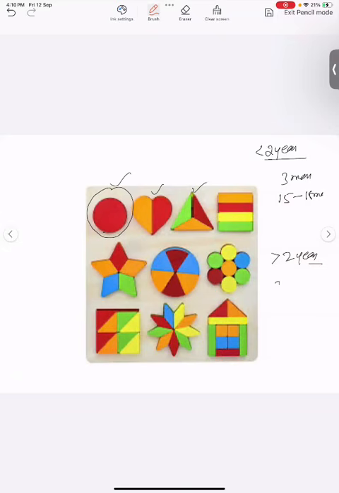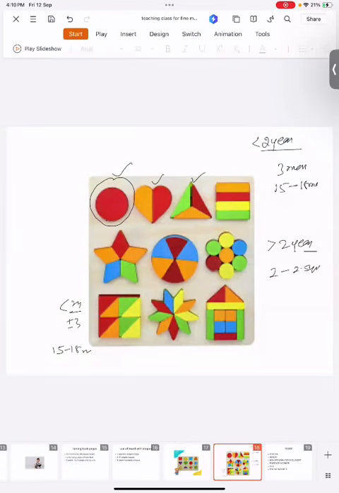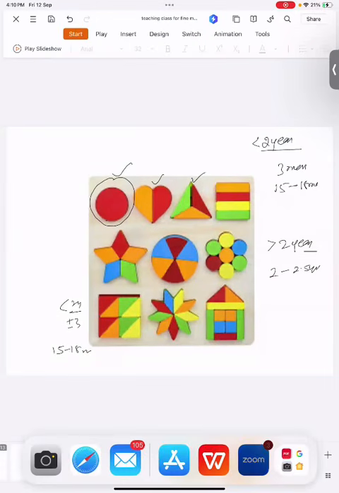We will say the child age is 2.5 years. But if the child developmental age is less than 2 years, make a difference of plus minus 3. The age of my patient is 15 to 18 months. Okay? All right. So this was all about today's short class for the fine motor assessment.